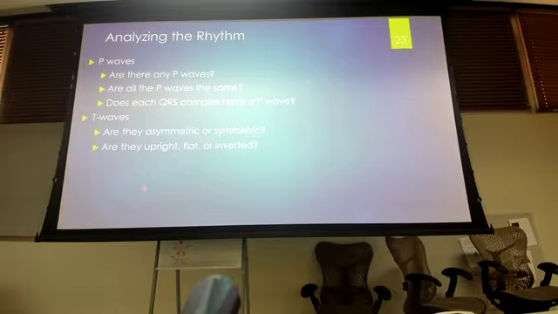But remember this about your QRS complex: I want you to remember V1 and V2. In V1 and V2, our S wave that goes below baseline is deeper than our R wave goes above baseline. We have a little R wave and a deep S wave in V1 and V2.